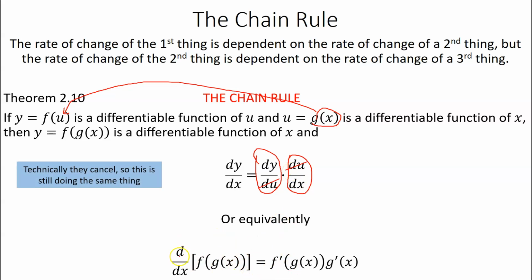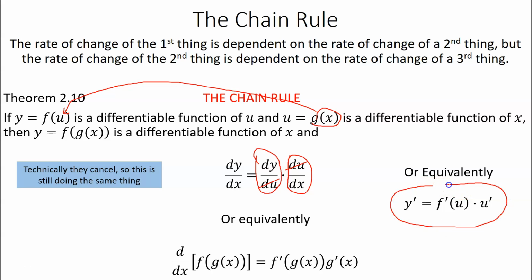Here's another way to look at it. If I want the derivative of a composite function, I take the derivative of the outside part times the derivative of the inside part. And hopefully this will make more sense as we go. Here's another way to look at it. Again, I'm only showing you this because there are two things going on here: the chain rule, and I'm trying to get you used to this u notation so that we can use it later on.